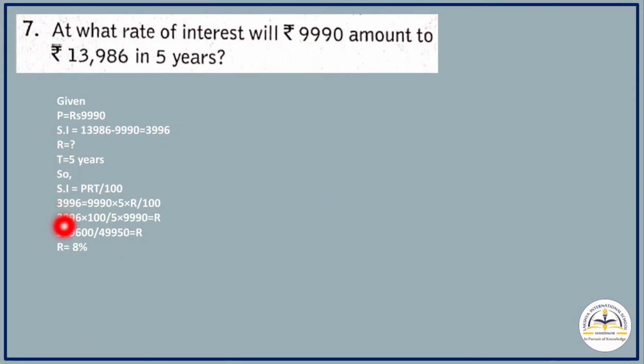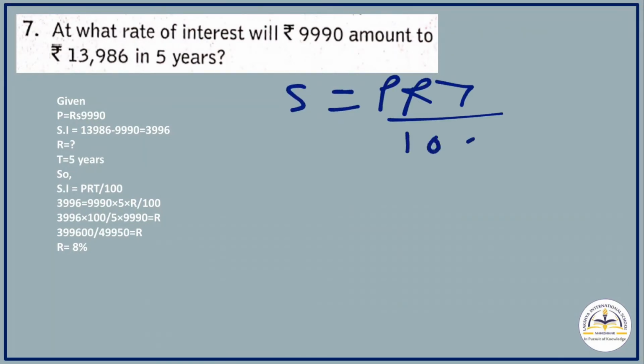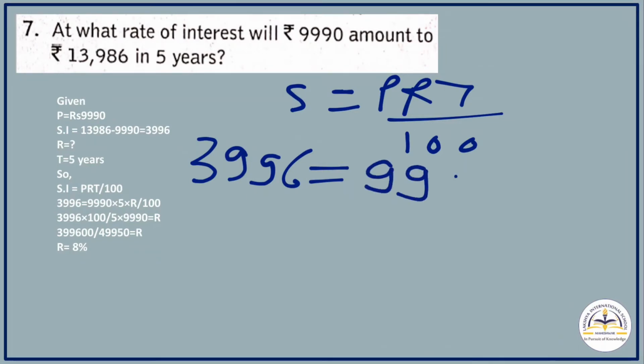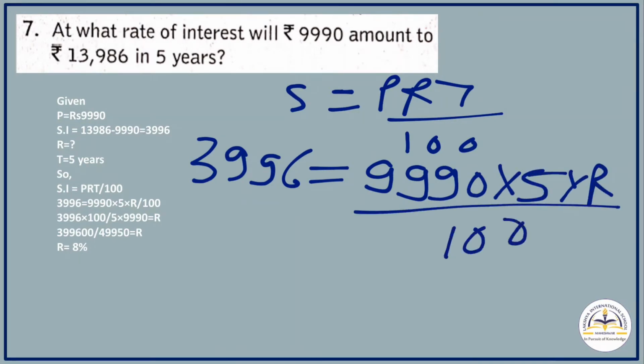Now again we will put the values in the formula, that is simple interest equals PRT by 100, and then the simple interest is given, 3996 equals principal, that is 9990 into 5 into R, and then divide by 100.